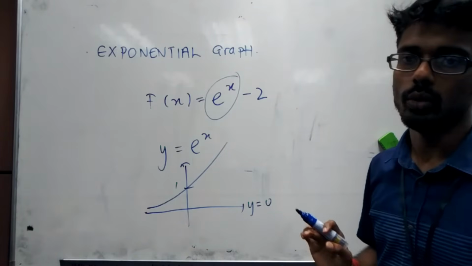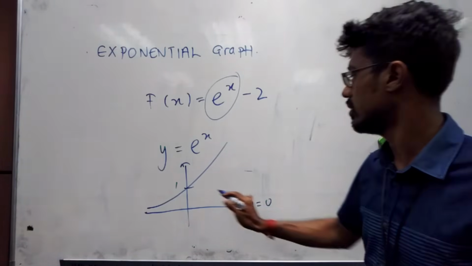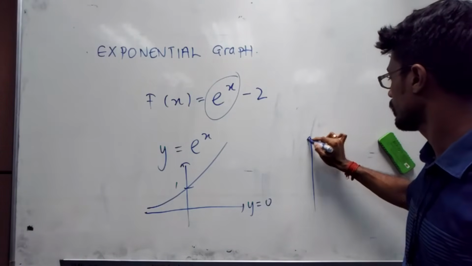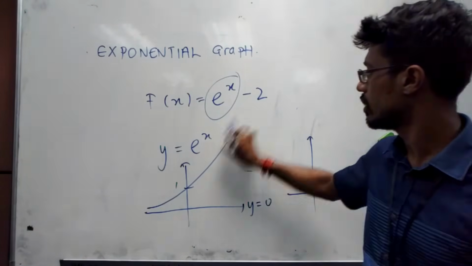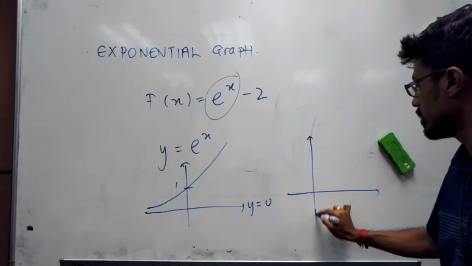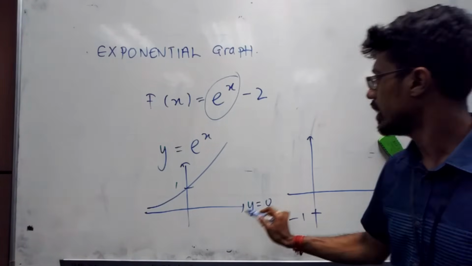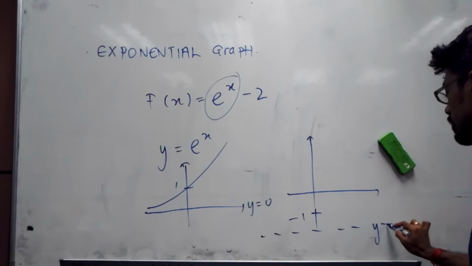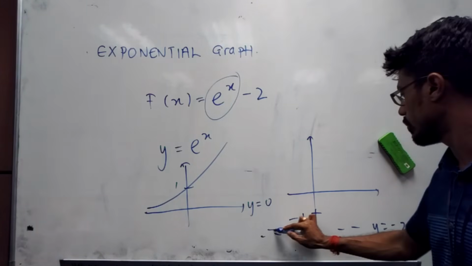Now if we do the minus 2, this 1 will now be 1 minus 2, negative 1. Then this y equals 0 will now become y equals negative 2. So this is how our graph looks like.